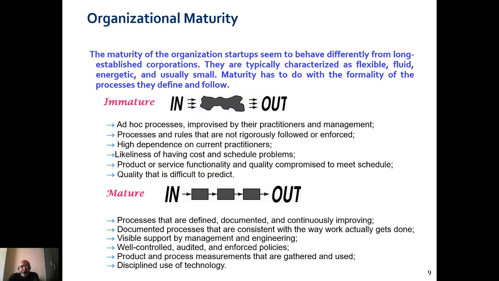So what will an immature organization do? Just see, there is a fog in between, nothing is known. Ad hoc processes are improvised by their practitioners and management. Processes and rules are not being followed, with high dependence on current practitioners.